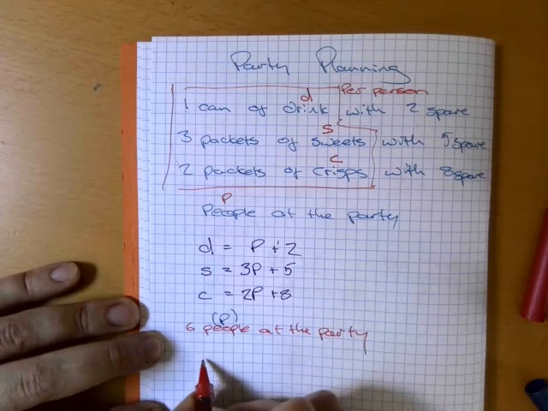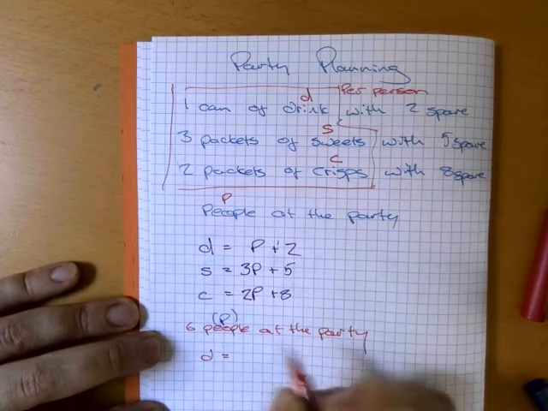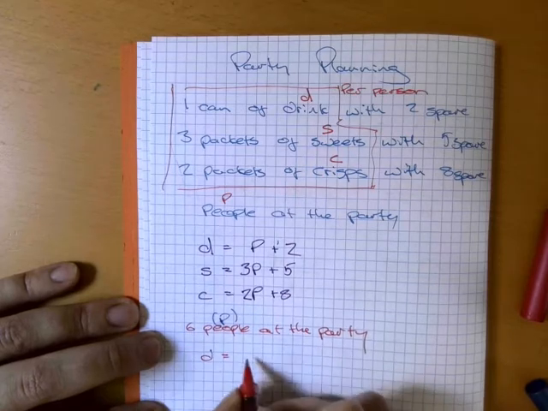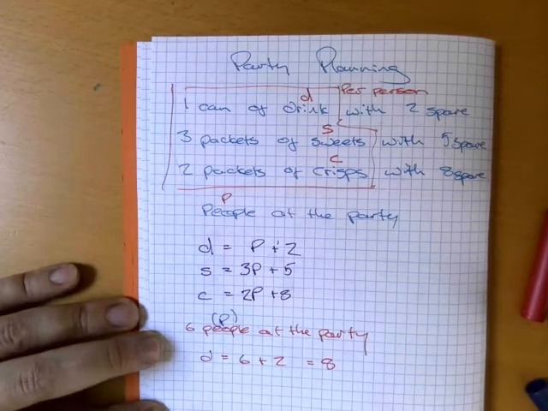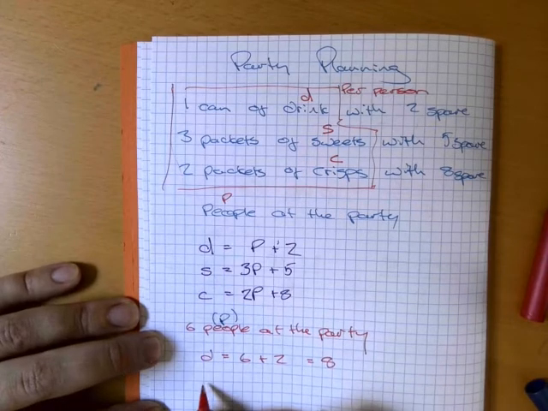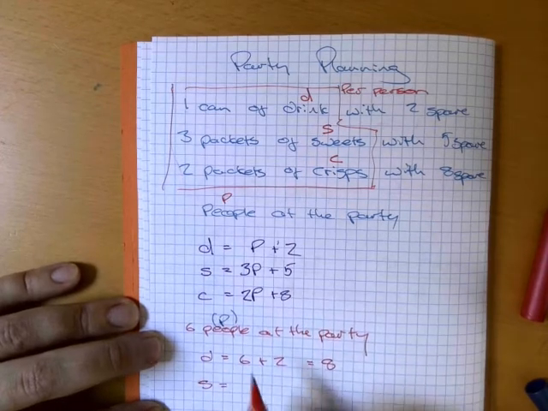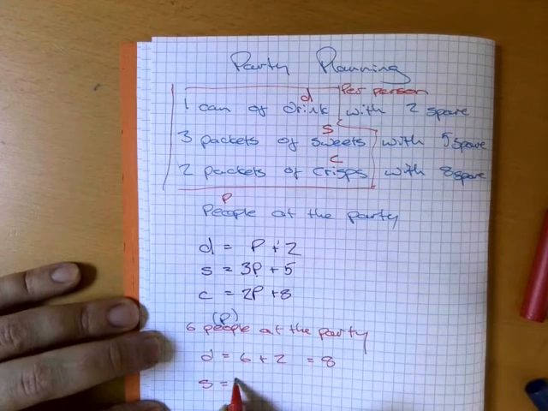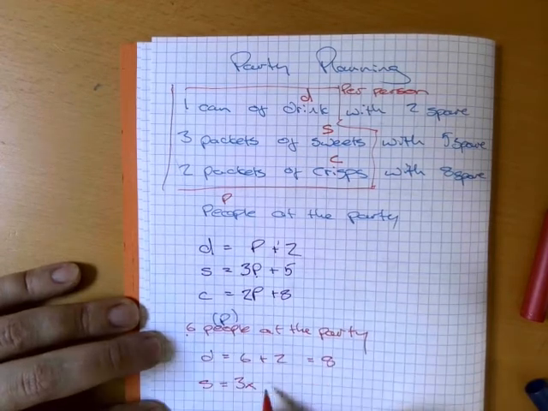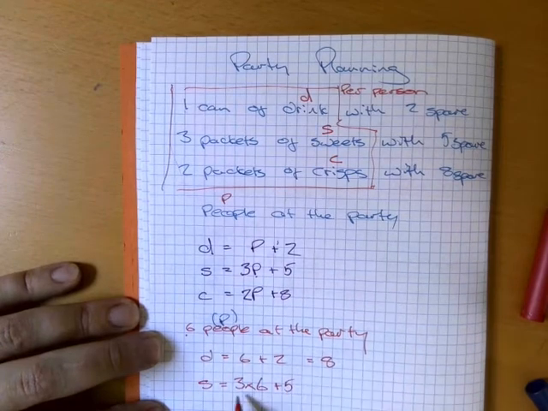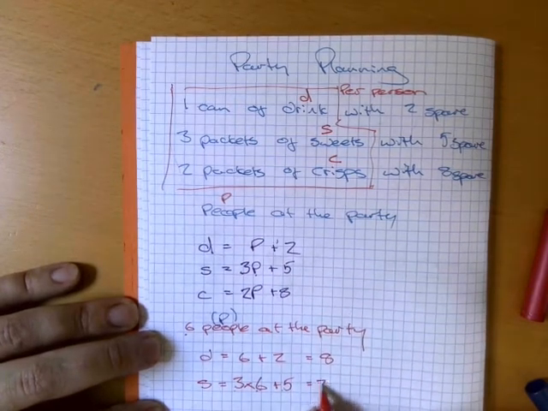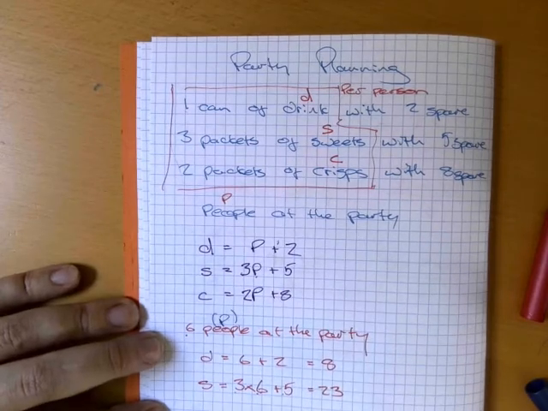So the number of drinks I'm going to need is equal to 6 plus 2, I'll need 8 cans of drink. The number of sweets I'll need is equal to 3 lots of P, so 3 times 6 plus the 5 extras. 3 times 6 is 18, plus the 5, I will need 23 packets of sweets.